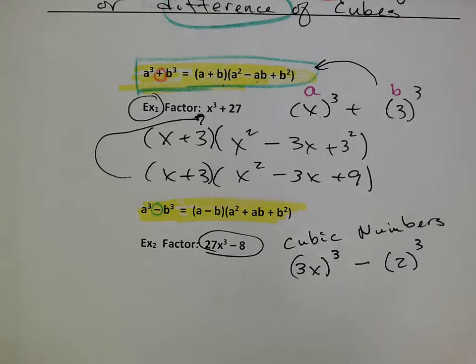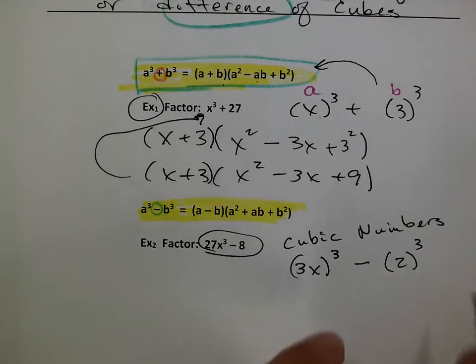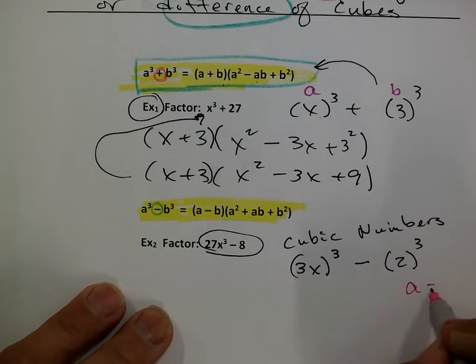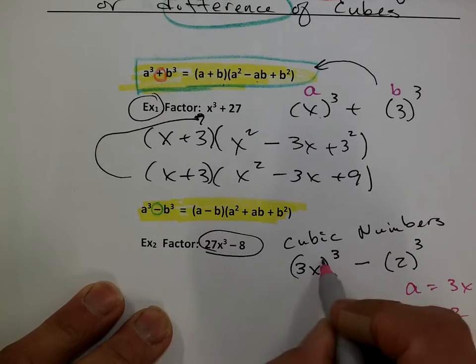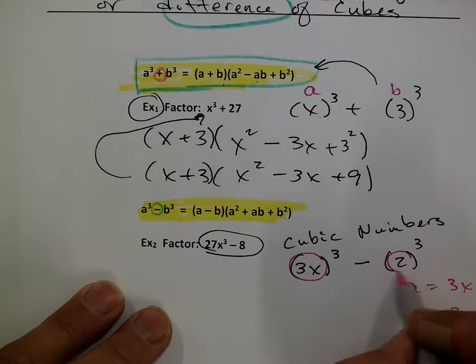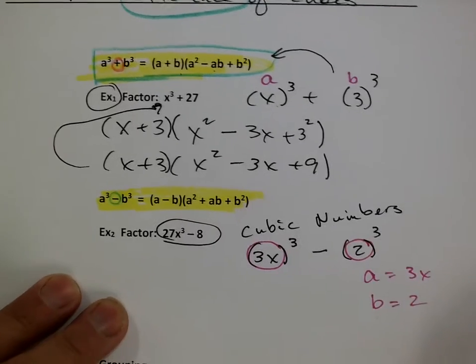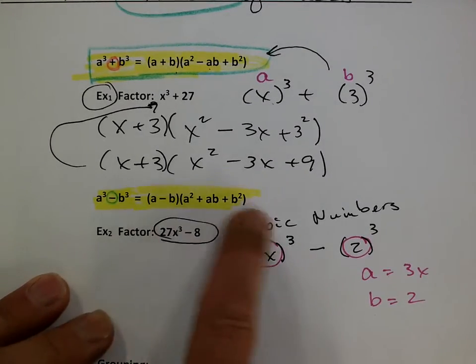So what we've established is we're going to let our a be 3x. We'll let our b be our 2. Here's our a, and here's our b. And we're going to plug those into my formula, okay?